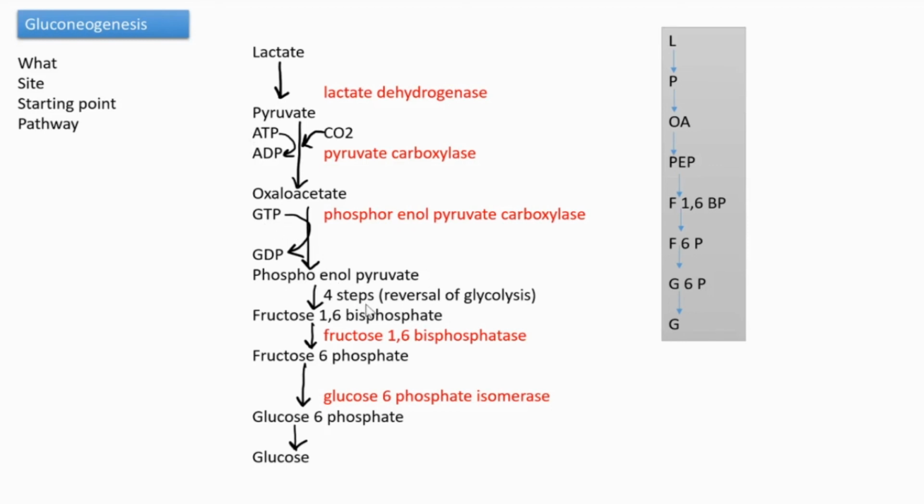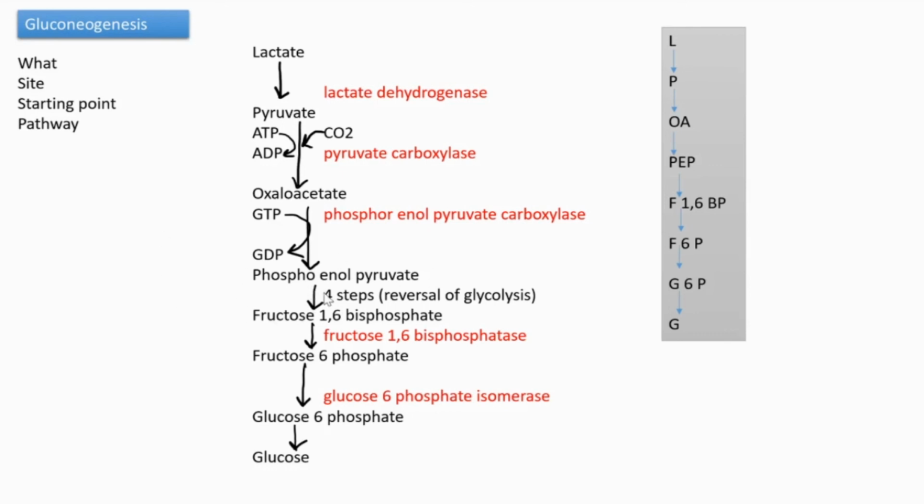Then the phosphoenol pyruvate is converted into fructose 1,6 bisphosphate. It is a four-step process, and all these four steps are present in glycolysis also, but those steps in glycolysis are a reversal of these steps present in gluconeogenesis.